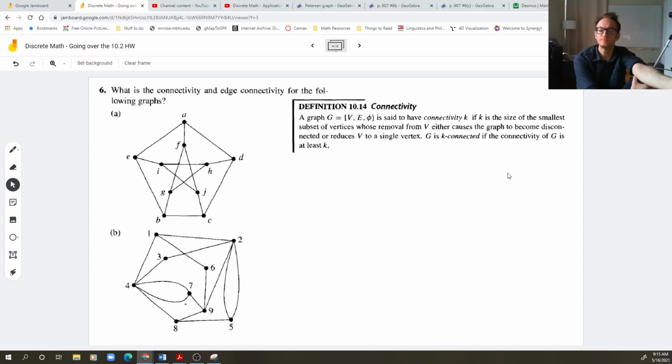Okay, so basically, as I explained in class, if you think of vertices as people and the edges between them as friendships, then it's how many vertices do you have to remove in order for the graph to become disconnected. So how many people need to move out of town in order for your class to be no longer connected via a network of friendships. And it's specifically the minimum number.